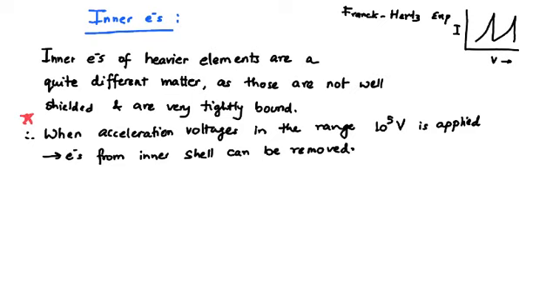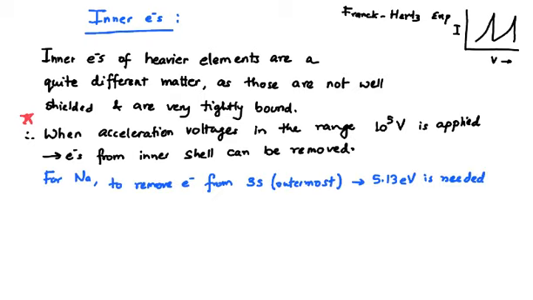So the higher the voltage you apply, the higher the energy it has to remove electrons from an inner shell. So how much energy is needed? If you look at the example of sodium with atomic number 11, in order to remove an electron from the 3s subshell, which is the outermost subshell, only 5.13 electron volts is needed.